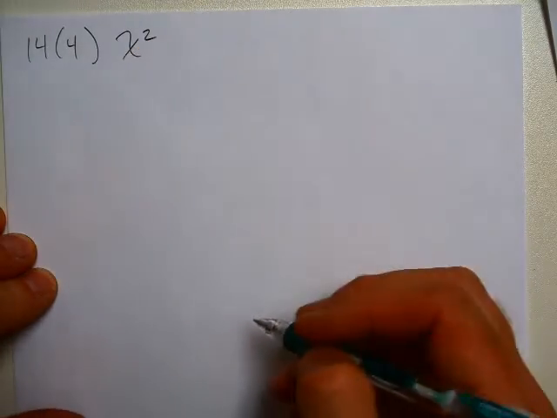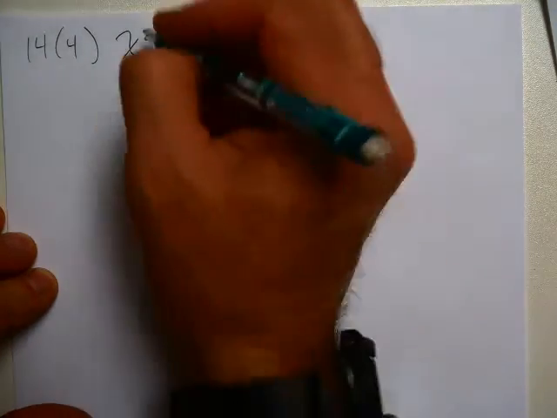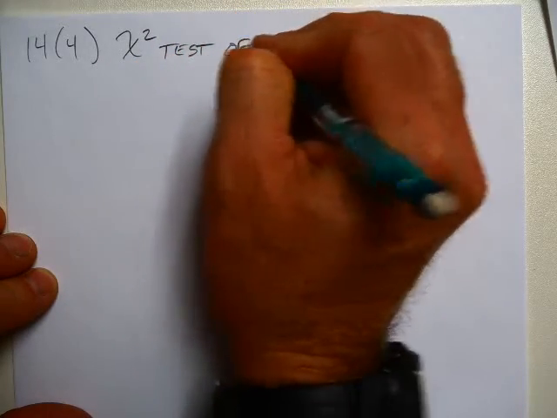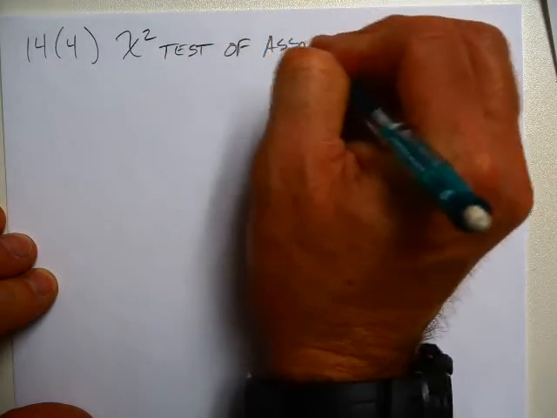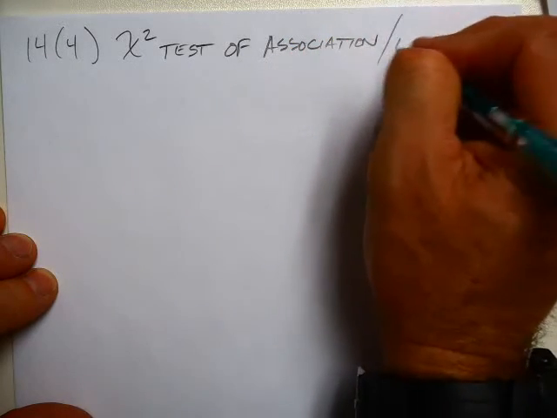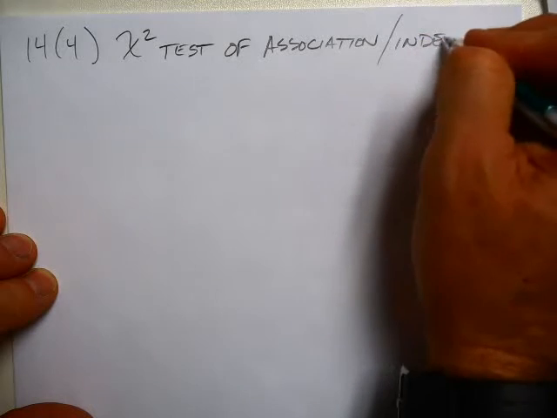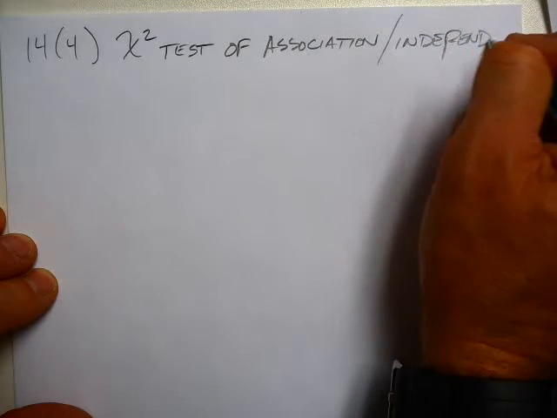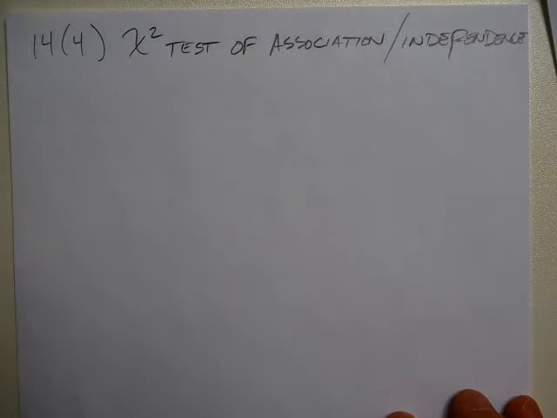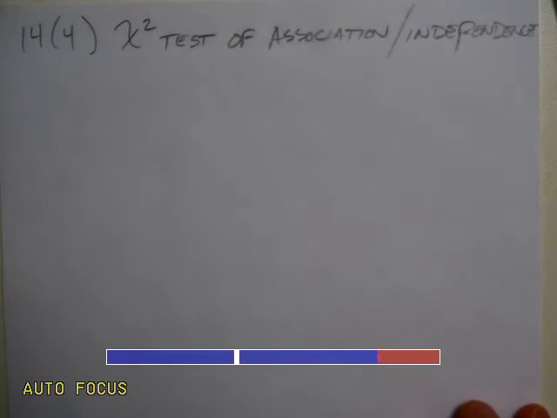This is going to be the chi-squared test of association or independence. Test of association or independence.